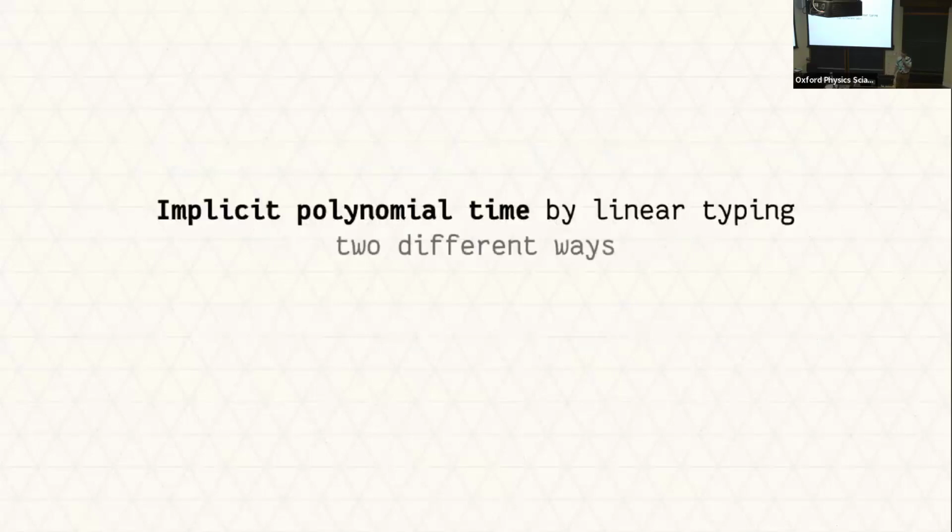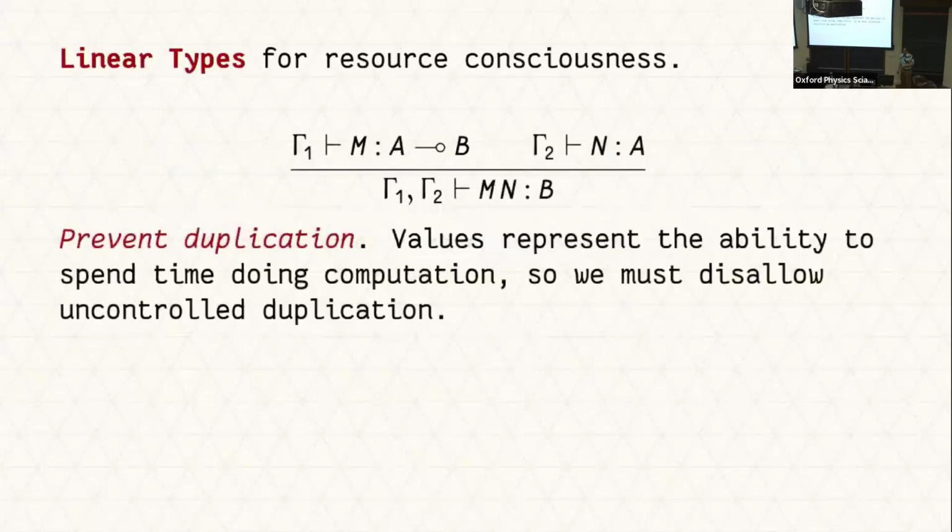So first, I'm going to show you two ways of doing implicit polynomial time using linear types. Okay, so why linear types? Here's a representative rule of a linear type system: if we've got a function m that takes A's to B's, it uses resources in gamma 1.